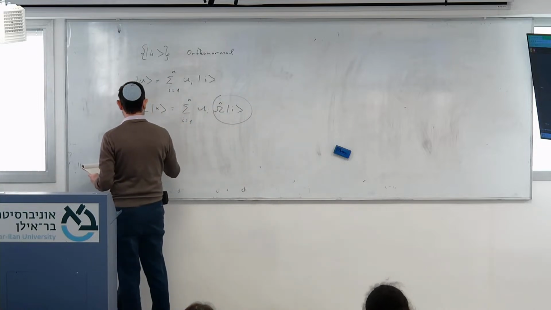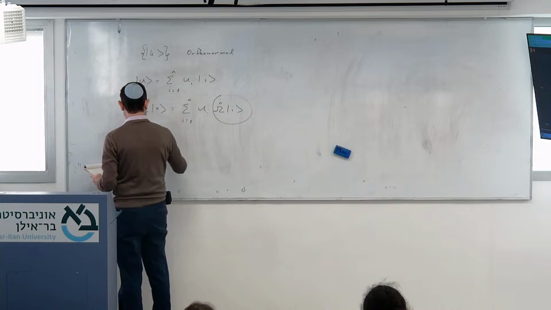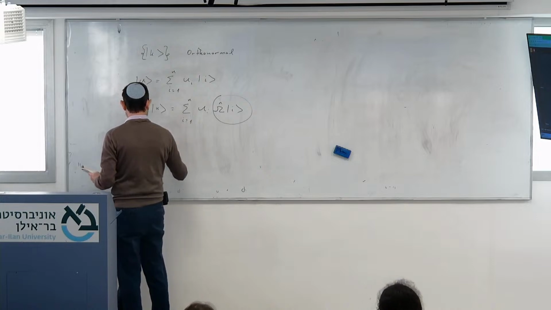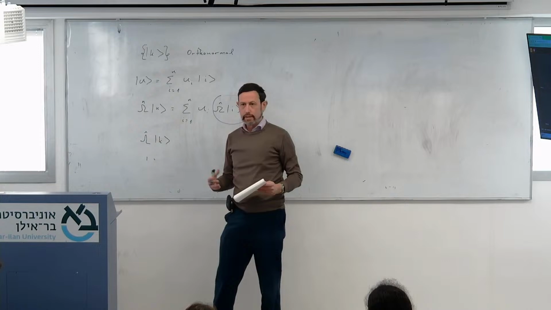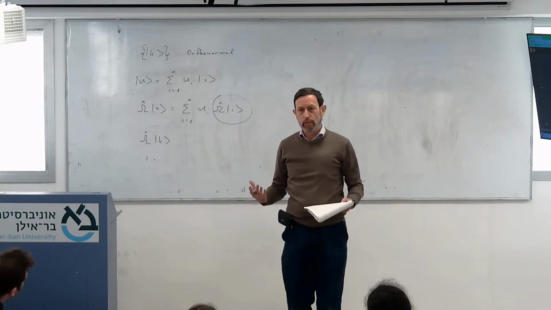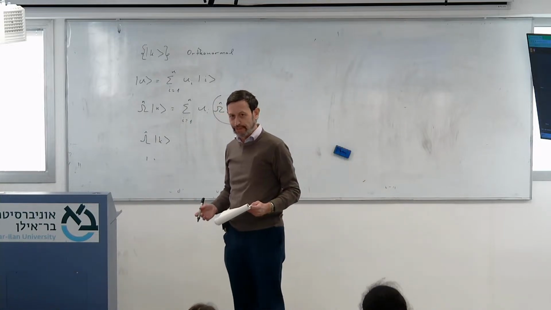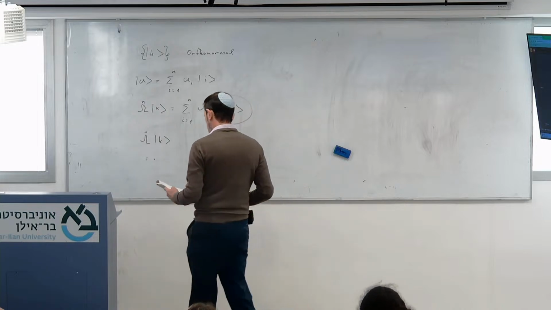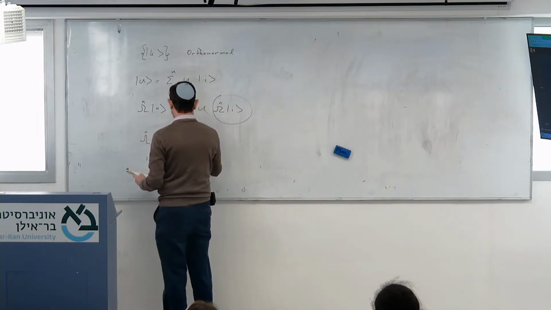Okay, so I have to tell you what omega does on any K. What does it do? It moves you to another vector. And how does this other vector look?